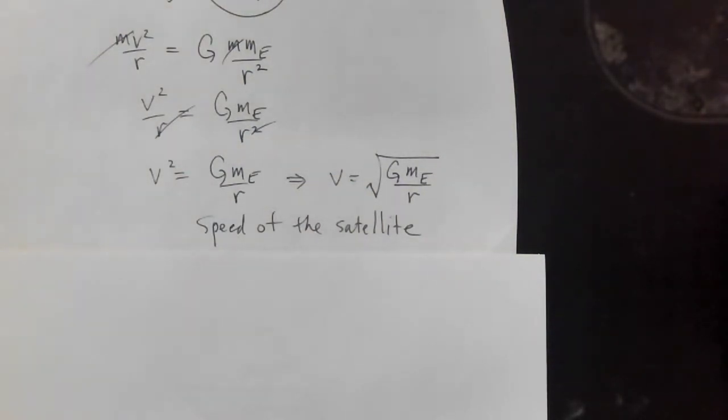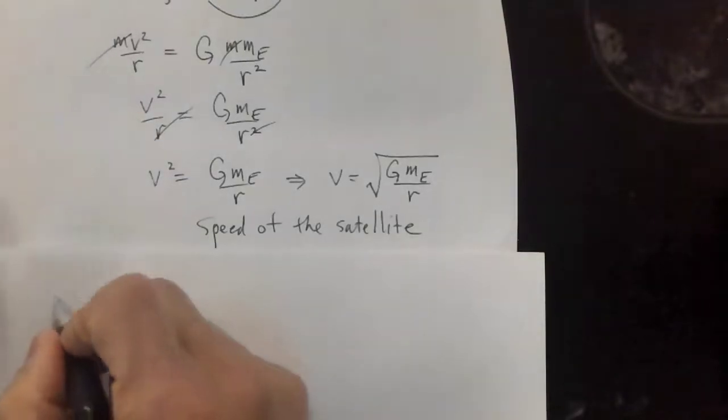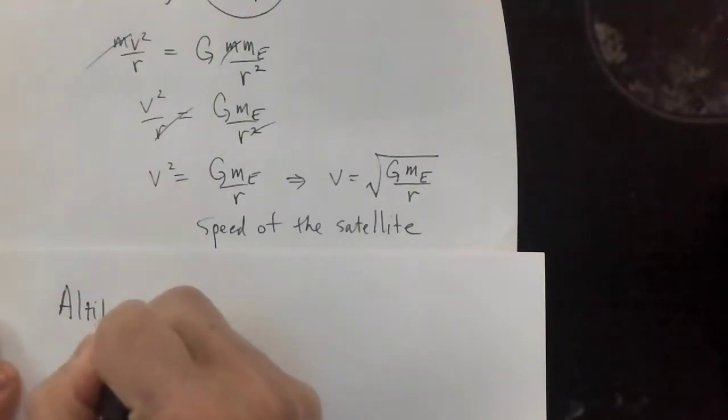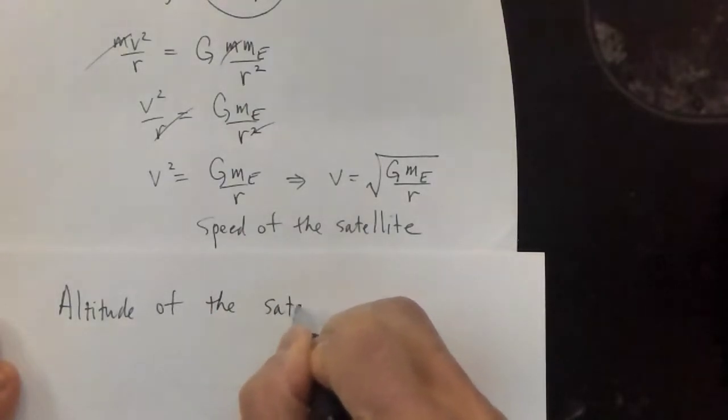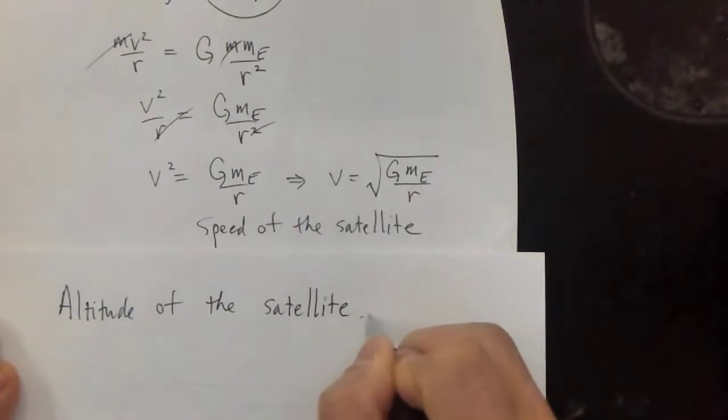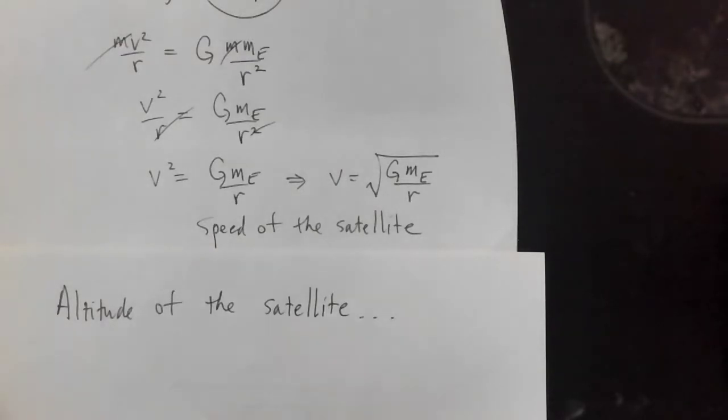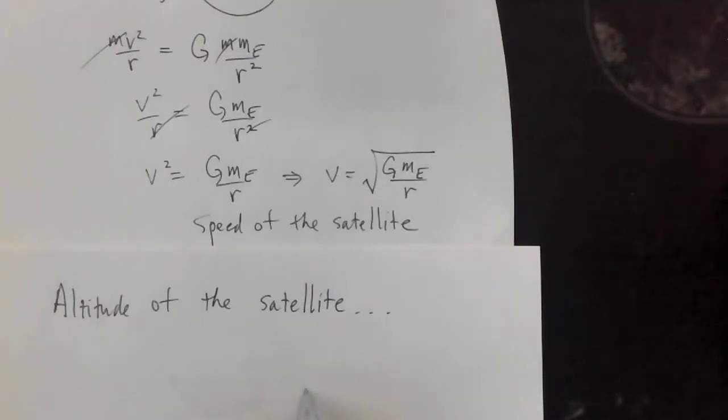But one of the basic things is what is the speed of the satellite. Okay, now sometimes though they talk about the altitude of the satellite, and that's measured relative to the surface of the Earth. So that's just basically saying, all right, so I have some radius up here. Let me try to draw it like this.